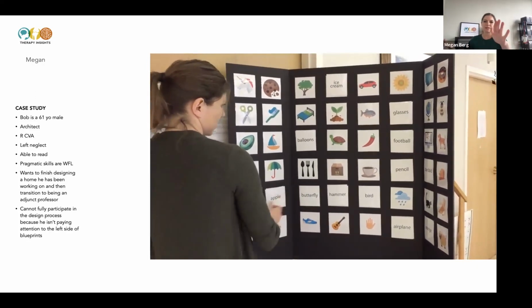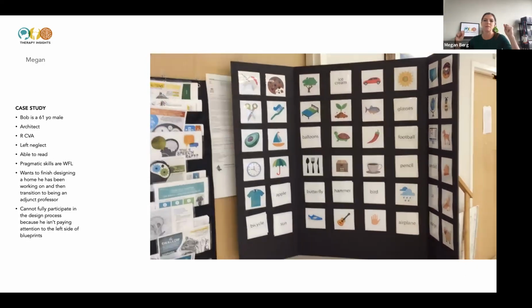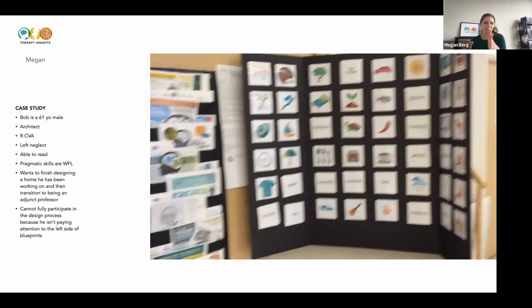Because he's probably familiar with some of those older projects, he might be able to answer some questions and attend to that information and get a little more success right away, instead of these more unrelated tasks, which are also helpful, but just not related to the specific task that he wants to be able to do.